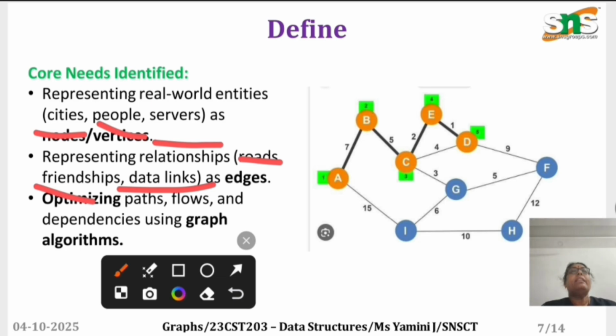We can then use algorithms to find the shortest path, optimize routes, or manage dependencies.